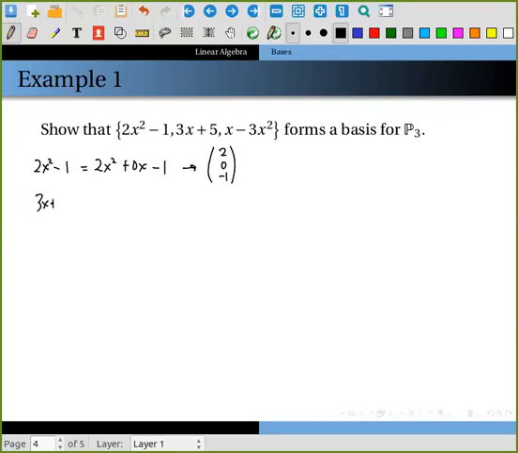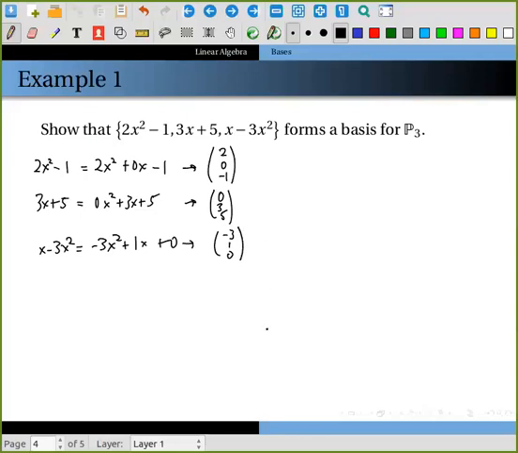The polynomial 3x plus 5, rearranged, is 0x squared plus 3x plus 5, and that can be converted into the vertical vector 0, 3, 5. And finally, this polynomial x minus 3x squared, we have to rearrange and write as negative 3x squared plus 1x plus 0. And so as a vertical vector, this will be negative 3, 1, 0.